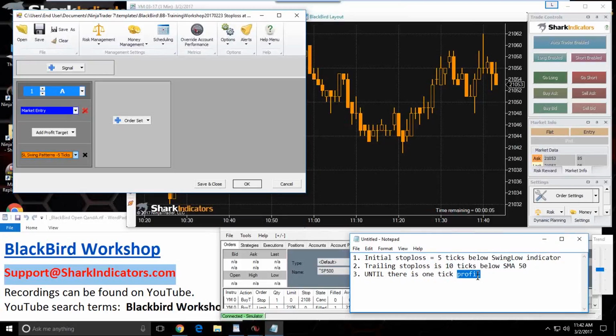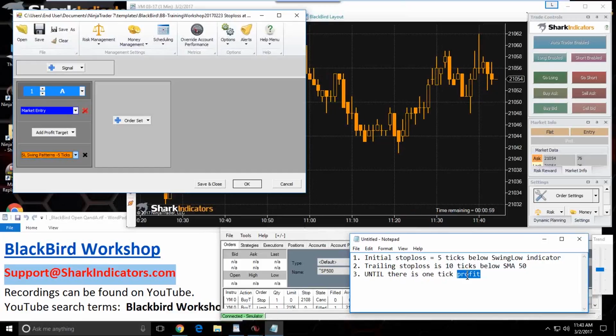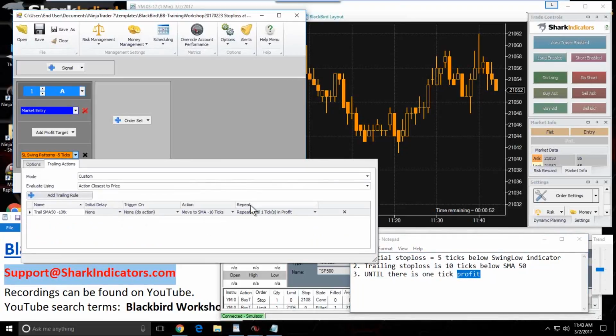And so last week when I was setting this up, I considered this 1 tick of profit to be profit of the trade. And so in my repeat here, we were going to trail our stop loss to the SMA 50 minus 10 ticks.